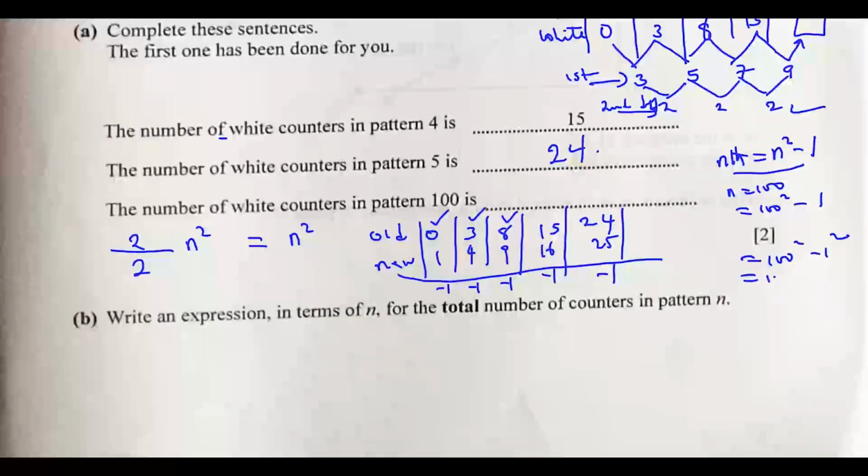So this will be 100 minus 1 multiplied by 100 plus 1, which is 99 multiplied by 101.